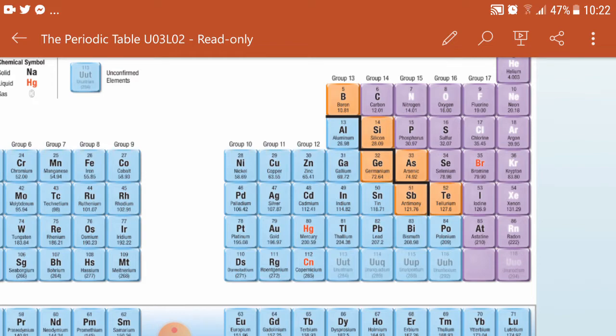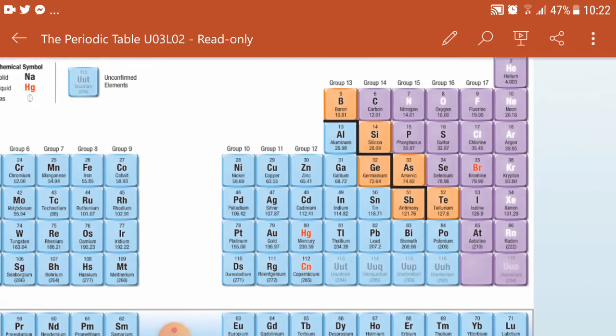Because we have gases. So the density in the middle is the most, while to the right and to the left the density decreases. That's it. Yani, these are the properties that we can predict from the periodic table.